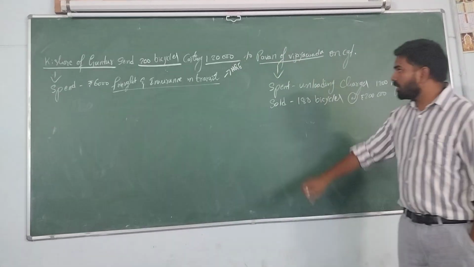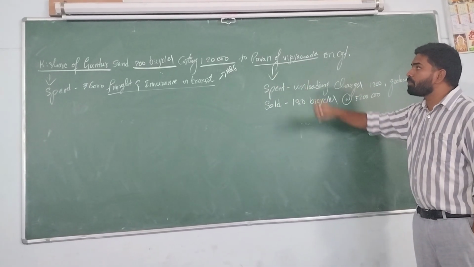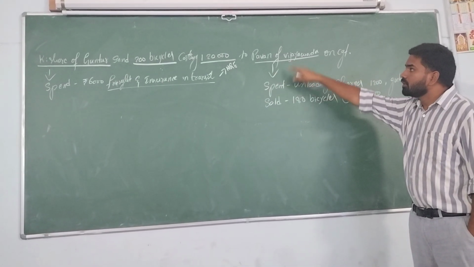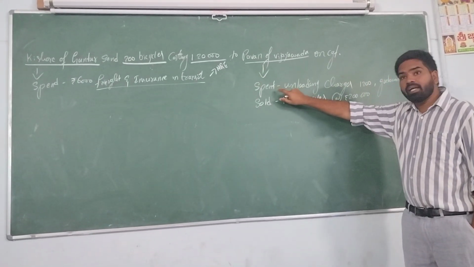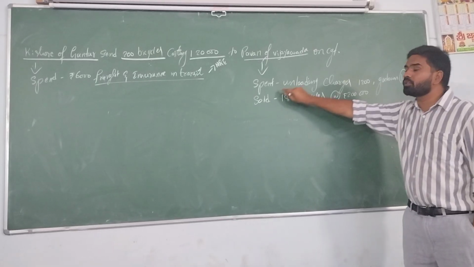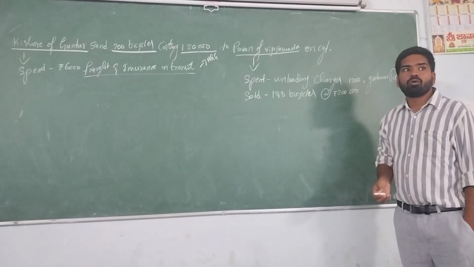Pavan received the 200 bicycles costing 1,20,000. Then he transported the goods to the godown.